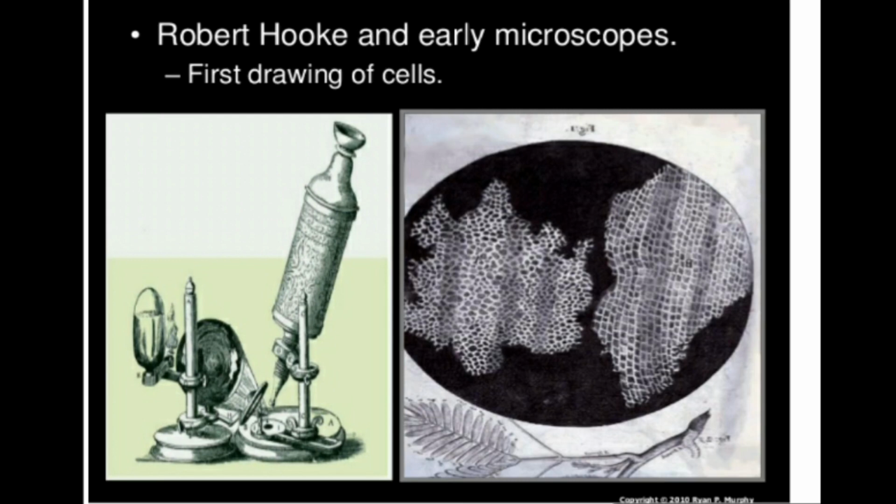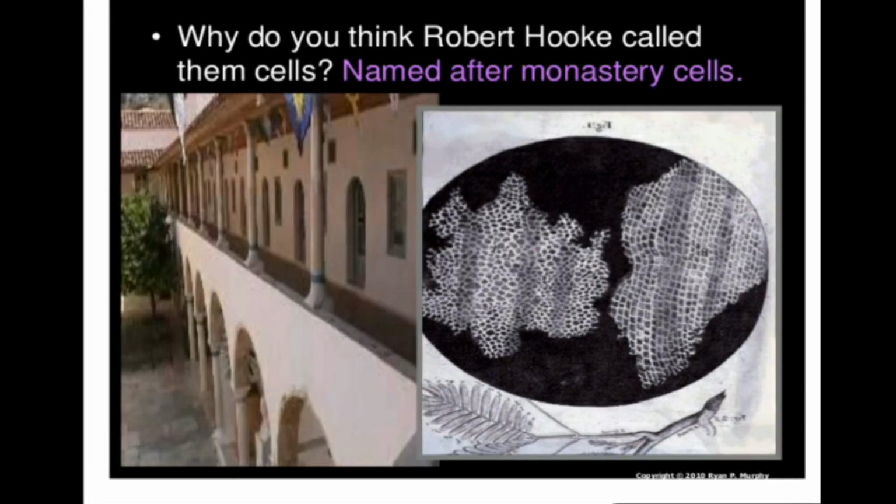He basically took a piece of cork, dead bark-like structure, and took a section from there and observed it under his microscope. What did he see? He saw empty chambers like structures. And because for him they resembled the cells where monks lived in a monastery, he called them as cells after those monastery cells.